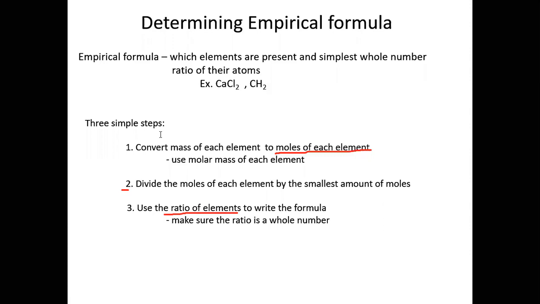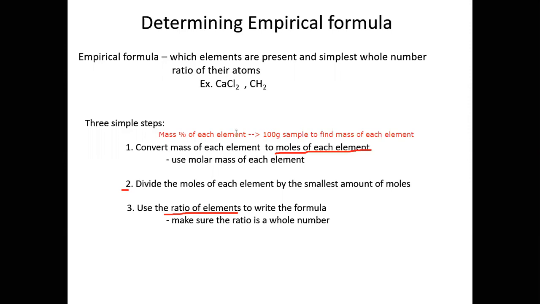Sometimes you're not given the mass of each element; if you're given mass percent, then you assume a 100-gram sample to find the mass of each element. So if the problem says we have this percent of carbon, this percent of hydrogen, this percent of oxygen, you just assume a 100-gram sample, because it's very easy to take a percent of a 100-gram sample.